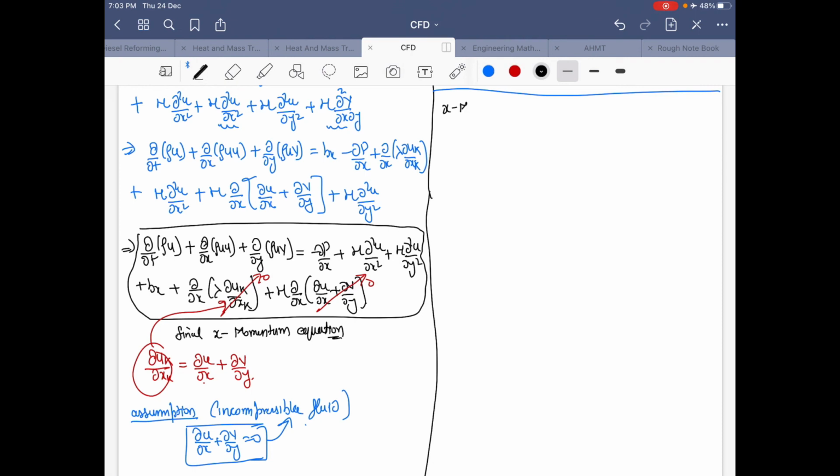I will say x momentum equation for, please make note that, incompressible and Newtonian fluid.